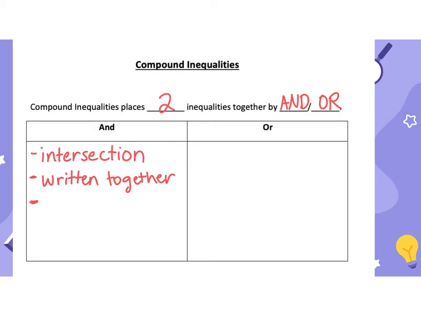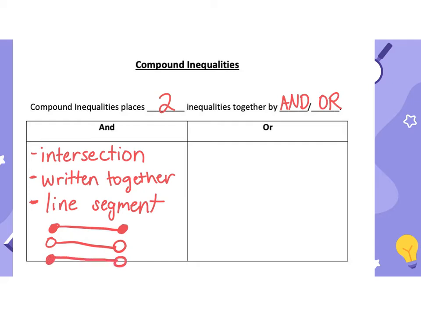When it is graphed, it's going to look like a line segment. And how that's going to look is something like this. Closed dot to closed dot, open dot to open dot. It could be a closed dot to an open dot, or an open dot to a closed dot.